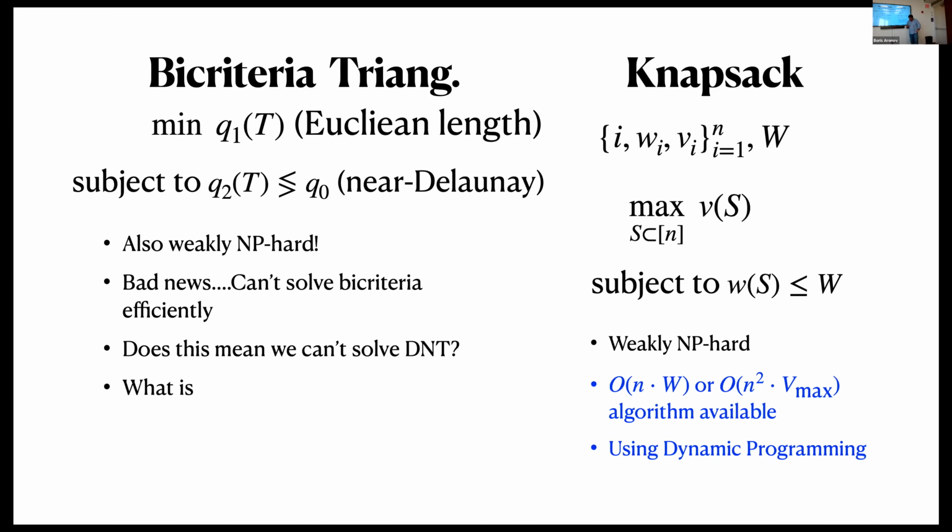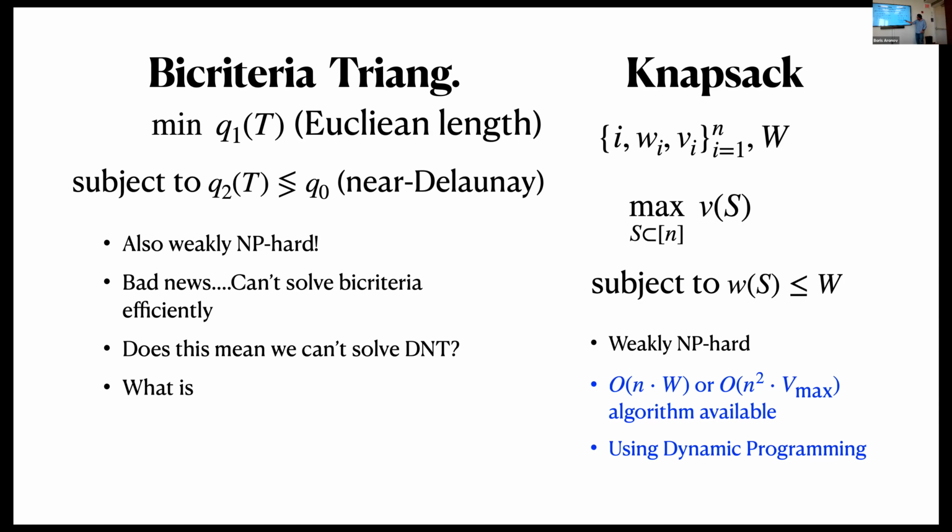So although bi-criteria triangulation being hard is bad news, what can these algorithms give us for our diversity problem? Now the nice observation is in the way I define the weights. If you remember, the weight of an edge is the number of previously found triangulations that contain it. And so the weight is always less than k, because k is the total number of triangulations I'm trying to find. And the weight will get mapped in the previous reduction that I showed you. The weight is basically the value of your item.